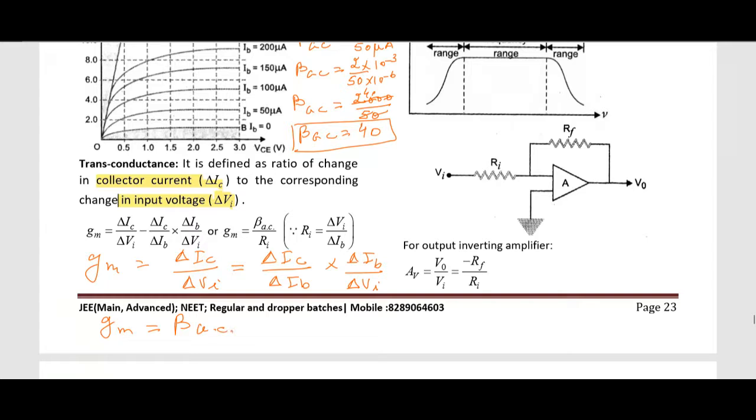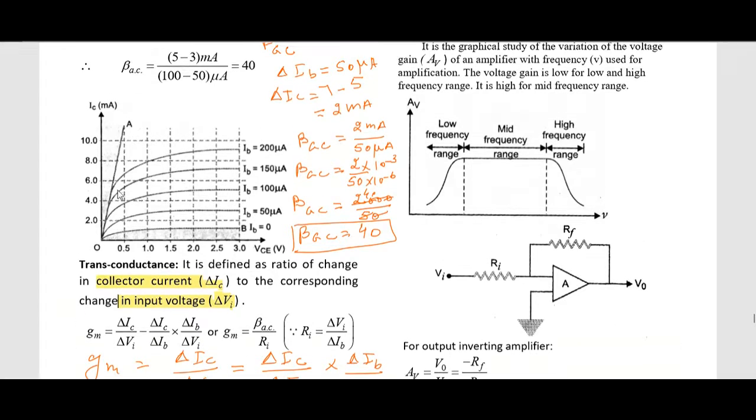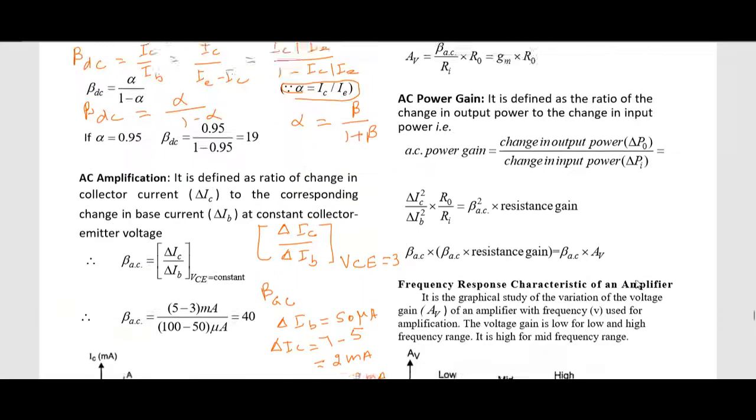And now delta IB by delta Vi, by Ohm's law, this is input resistance. So transconductance is equal to beta AC into input resistance. From here you can calculate even output resistance.